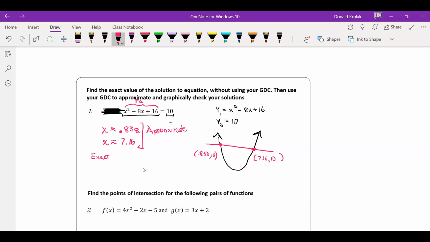And you don't know, guys, until you try. Can I factor it before I move the 10 over? Well, what two numbers multiply together to be 16 and add together to be -8? -4, -4. So that can factor into these two.